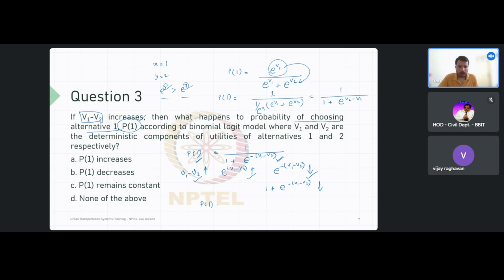What we have is 1 by some denominator, and the denominator is reducing. If the denominator goes down, the overall value will increase. So P1 will increase. So that is the option. Is this clear?